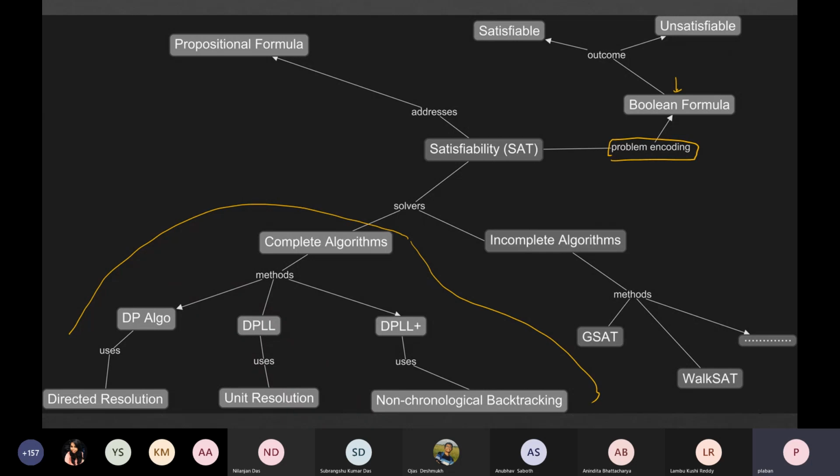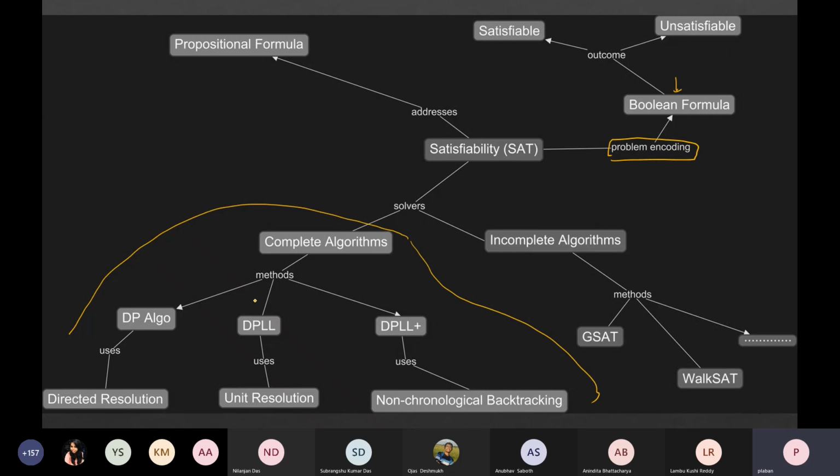Another version of these algorithms is called incomplete algorithms. They might sometimes fail to provide answers even though the answers are there, but they might give you the answers in a quicker manner than complete algorithms. Under complete algorithms, we'll be talking about the DP algorithm that uses directed resolution, basically the resolution rule that we discussed in the logic module.